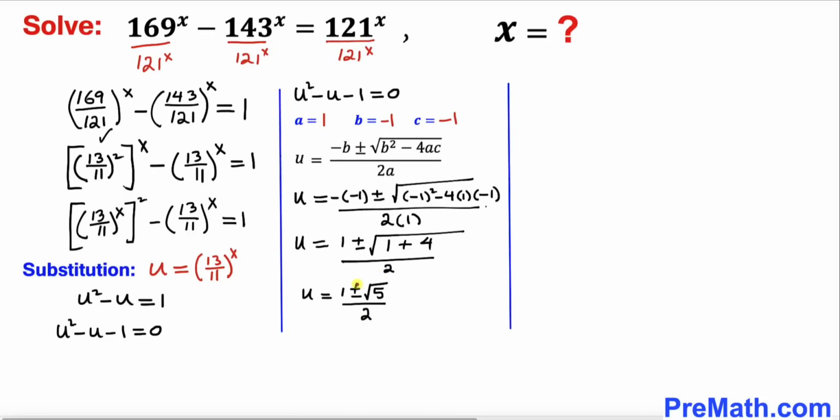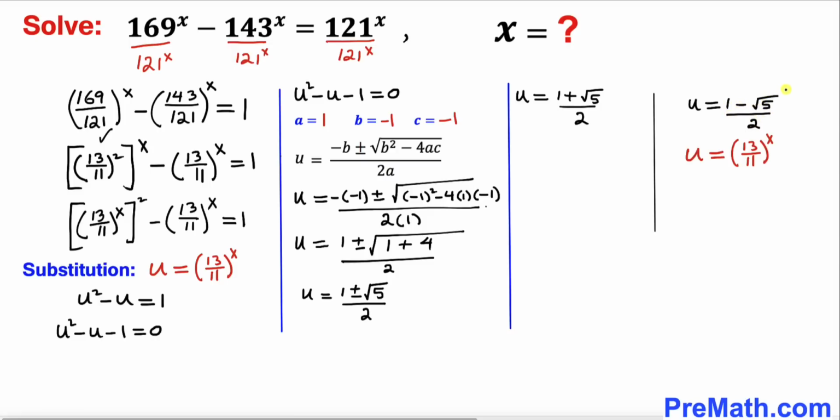Now let's split these two signs, positive and negative. So therefore we're going to have two values of u: u equals (1 plus square root of 5) divided by 2, and the other value of u is (1 minus square root of 5) divided by 2.